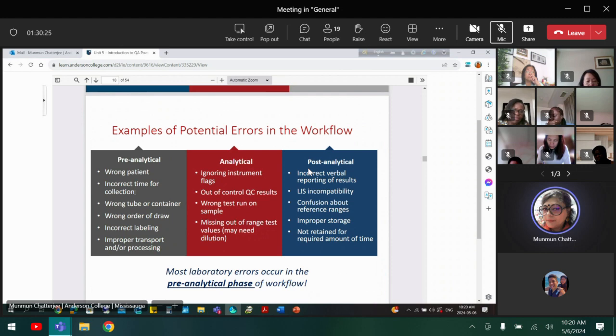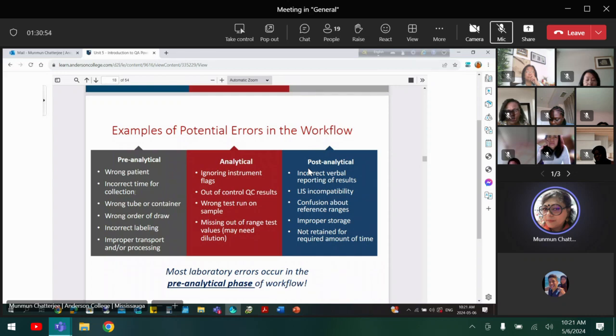In the analytical phase, obviously, ignoring instrument flags, out of control QC results, wrong test run on wrong sample, missing out of range test values that may need dilution. When the values are out of range, too high, beyond your standard, you have to dilute it and rerun it. This is called missing out of range test.